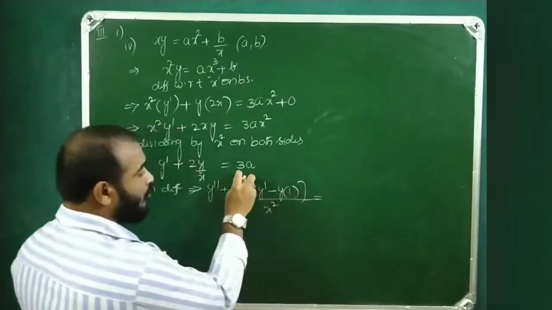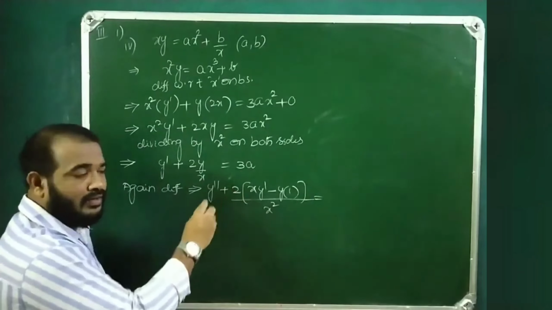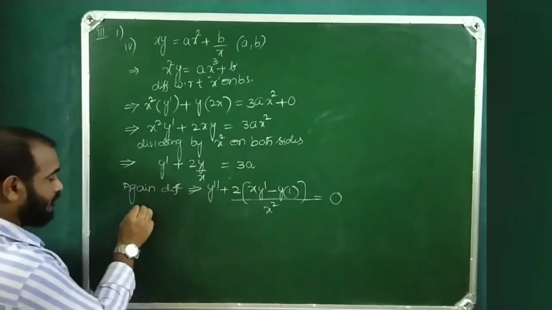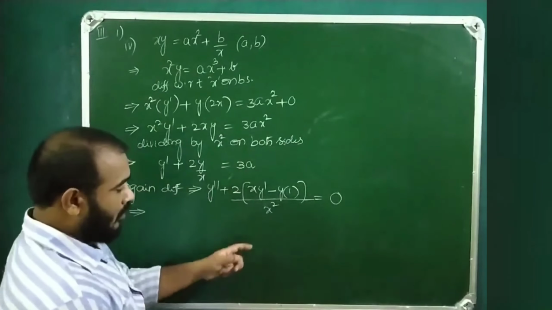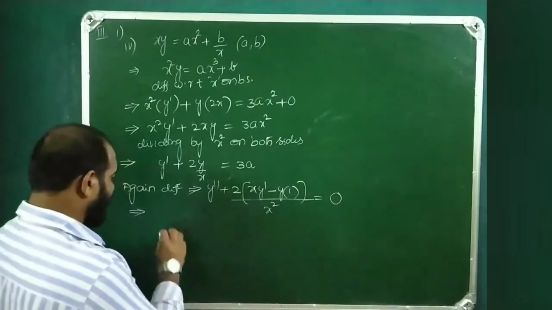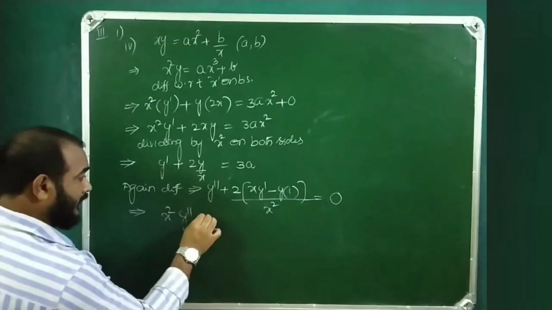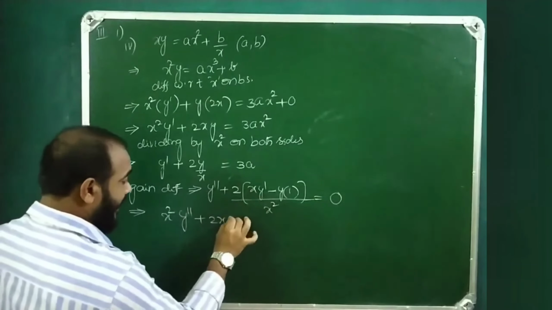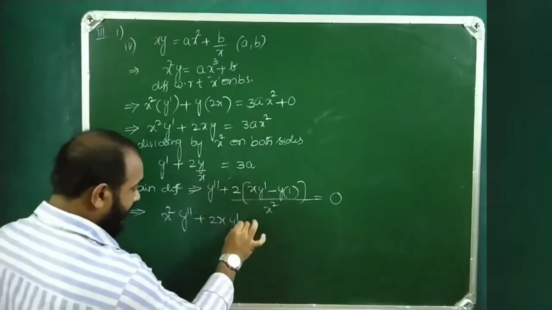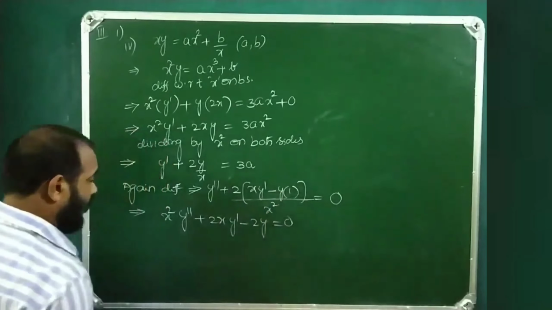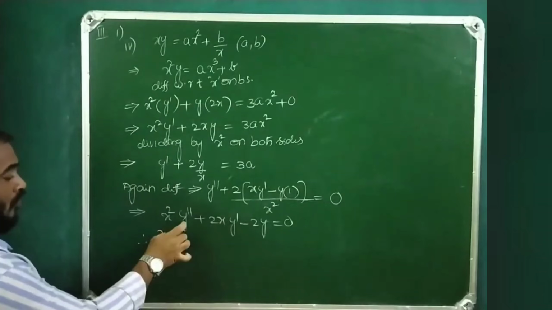This is v u dash minus u v dash by v square, x means x square. So 3a is a pure constant which is free from any variable, therefore it is a constant. Constant's derivative is 0. Now if you take the LCM, then x square y double dash plus 2x y dash minus 2y is equals to 0. Therefore x square into what is y double dash?